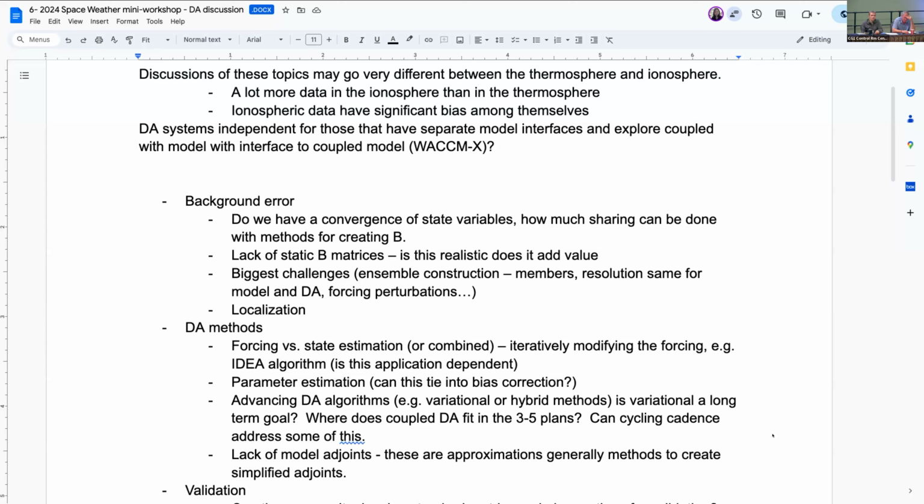The other thing we encountered during the big storm in May is that our model actually crashed. So I think the stability of the model is critical, because what we think happened is that our DA system triggered an unrealistic big wind and it went all the way up. We're seeing huge wind going up. So we're starting to consider turning it off when the Kp goes really high, because it really doesn't matter for the lower atmosphere.